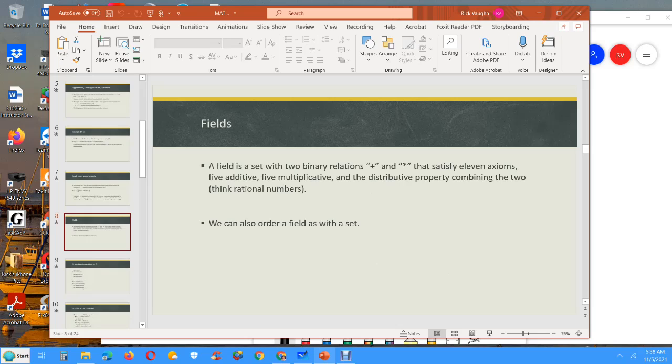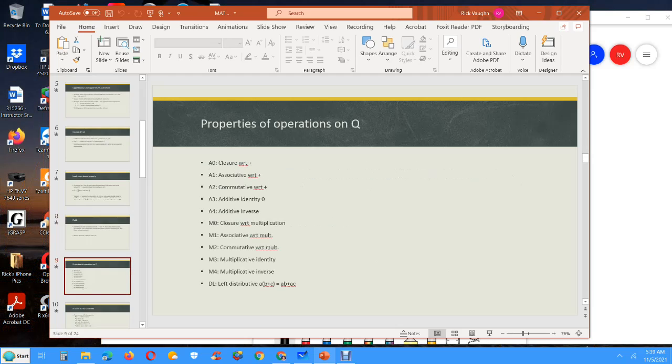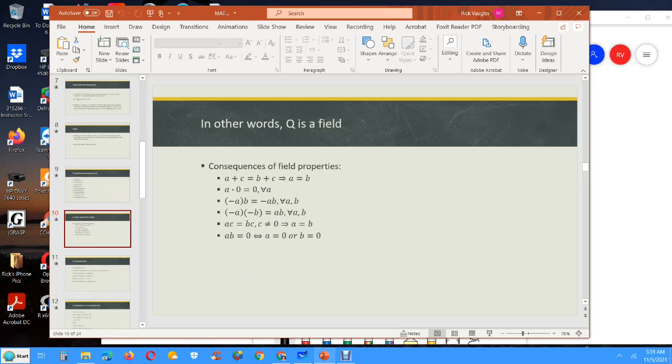We'll revisit the definition of a field with these two binary operations, things we talked about last week. Here are the axioms of being a field. These are things that are true about our set of rational numbers: closure with respect to plus, associative with respect to plus, etc. In other words, the set of rational numbers forms a field.